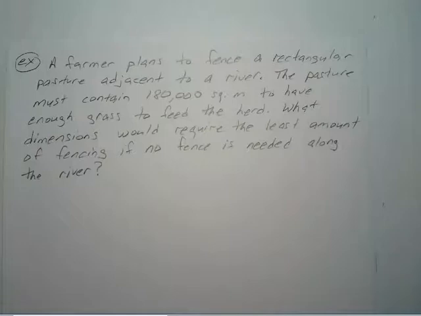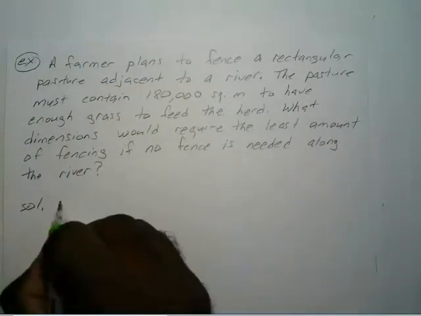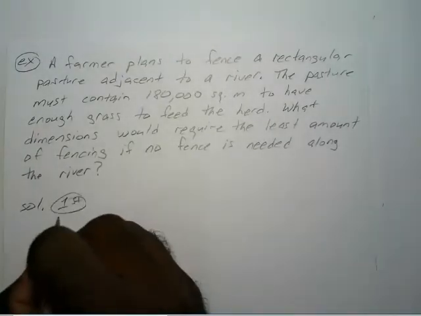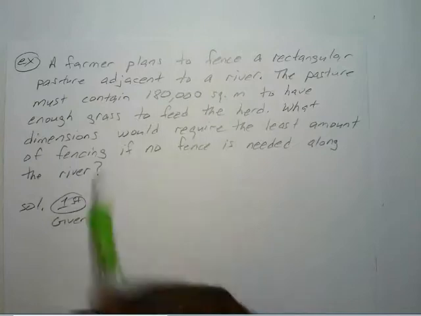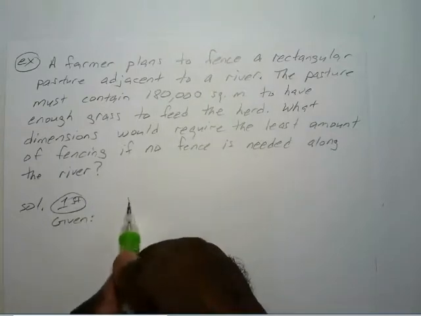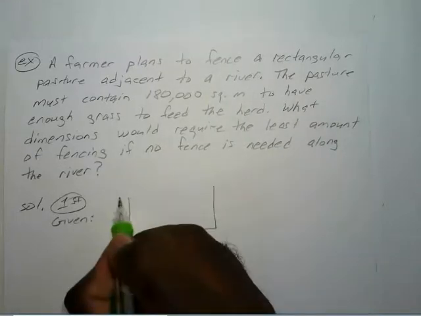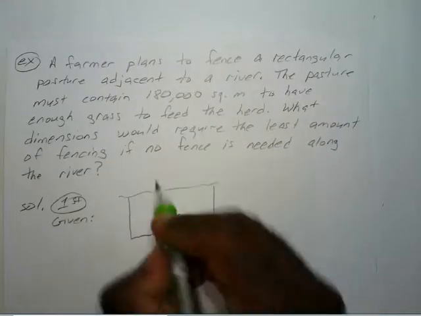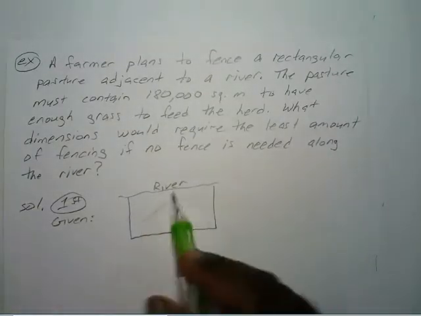Okay, so what I'm going to do is I'm going to start you off, but then I want you to give it a try on your own. So to start you off, I'm going to give you your given. So first thing we're going to do is draw what we need. Okay, so we have a rectangular pasture, but you have a river here. Now your area is just everything in here.